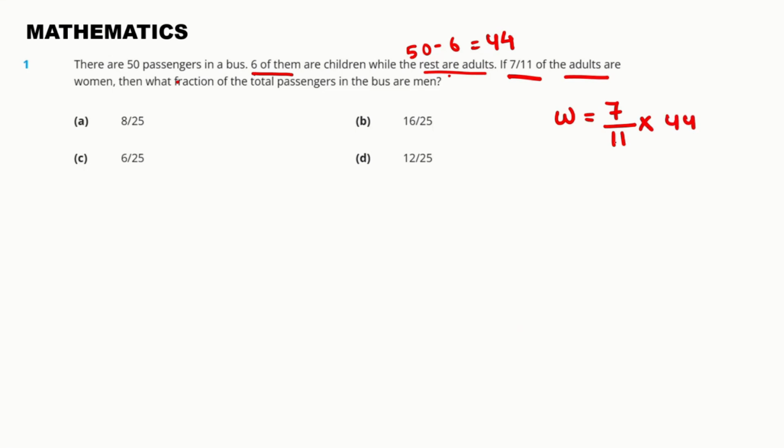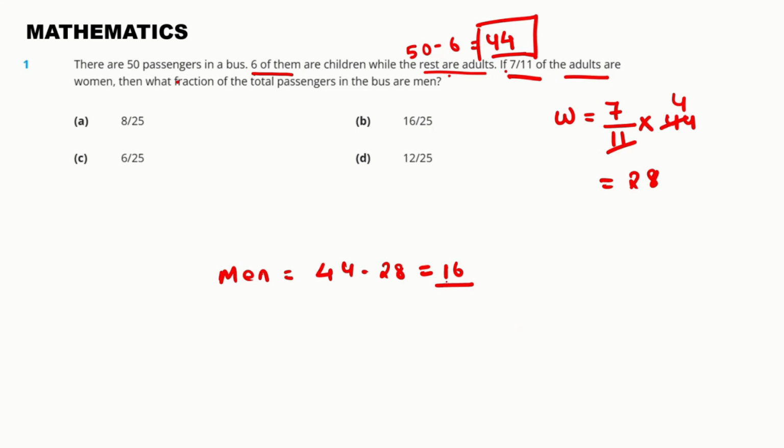7 by 11 of 44, which if we simplify results in 28. So if 28 out of 44 are women adults, then the number of men adults is 44 minus 28. Taking away 28 from the total number of adults leaves us with 16. So the number of men adults is 16.